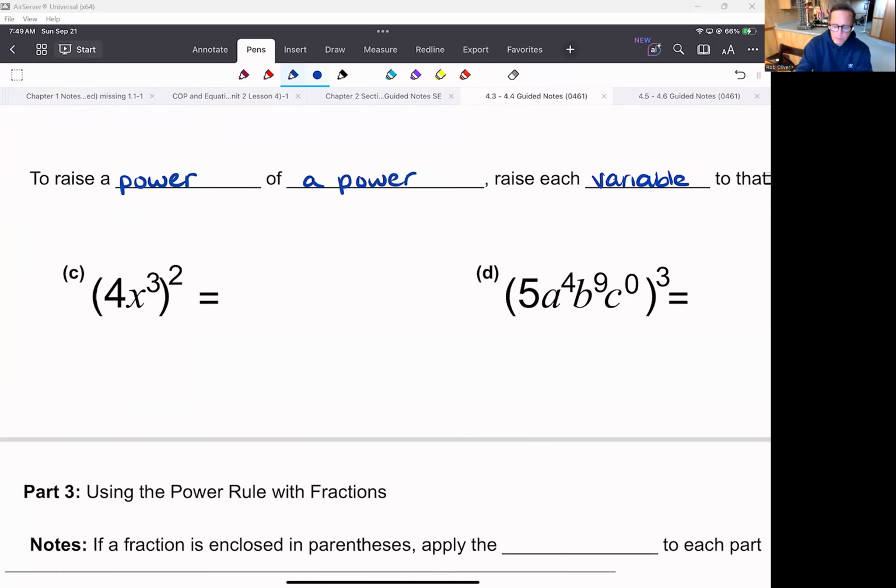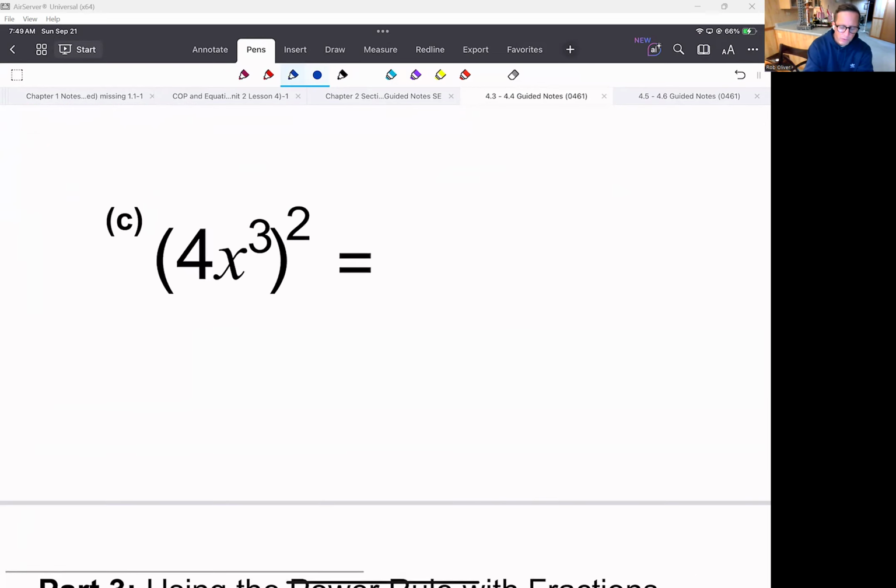But you almost want to think of it that way. So right here we have a 2, and we have a couple things inside the parentheses. We have a 4 and we have an x cubed. So that 2 has to be applied to both the 4 and the x cubed, not just this part, because that's the most common mistake. They'll just do it to the part that's closest to it. But we want to apply it to everything.